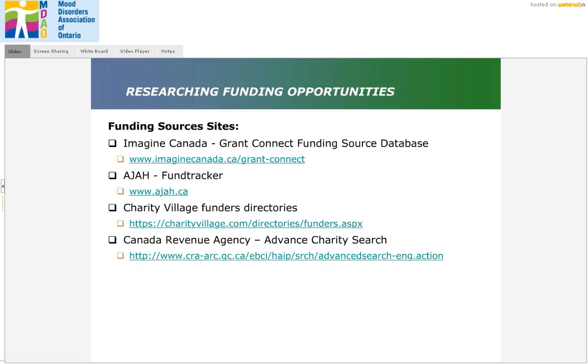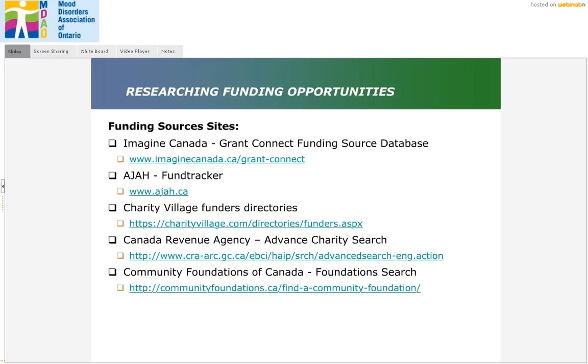And you can also set criteria parameters based on your sectors and also geographic location. And finally, there's also the Community Foundations of Canada database, which would be very helpful for looking for locally based foundations within your communities.